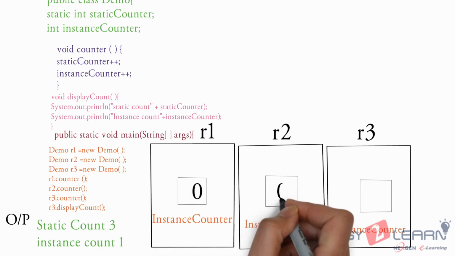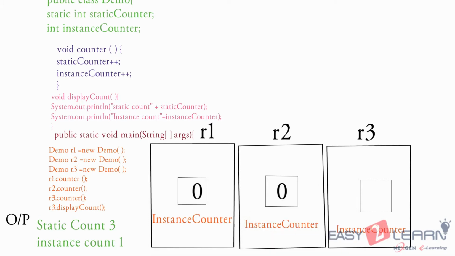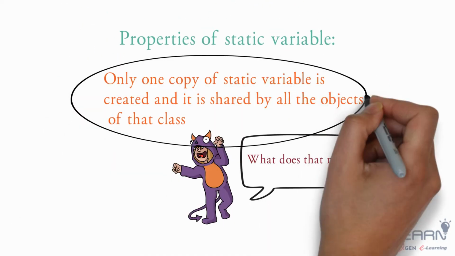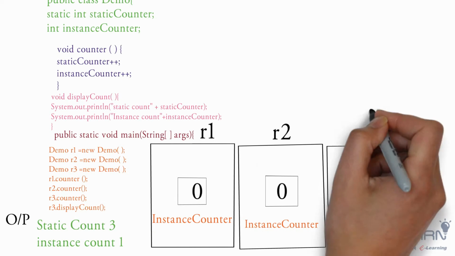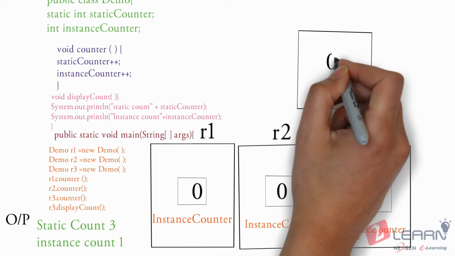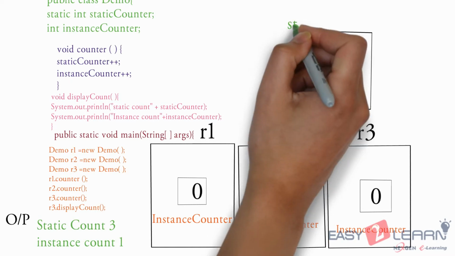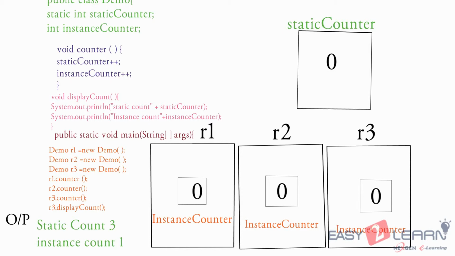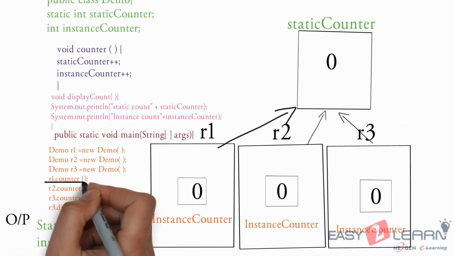The instance counter variables also have the value 0. By the basic definition of a static variable, only one copy of the value is created and it is referred to by all the objects. So here the static counter value is 0, which is referred to by the three objects R1, R2 and R3.